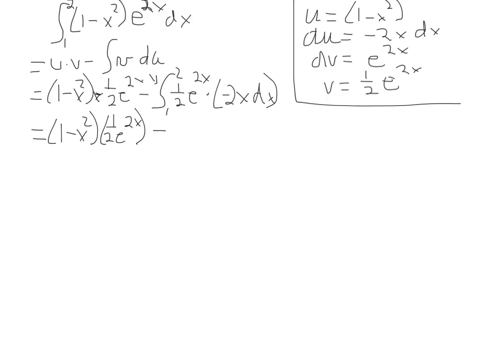And for the integral, if I clean that up a little bit, this is what I get. Okay, so the negative here times the negative here is going to enable me to change that to a positive.